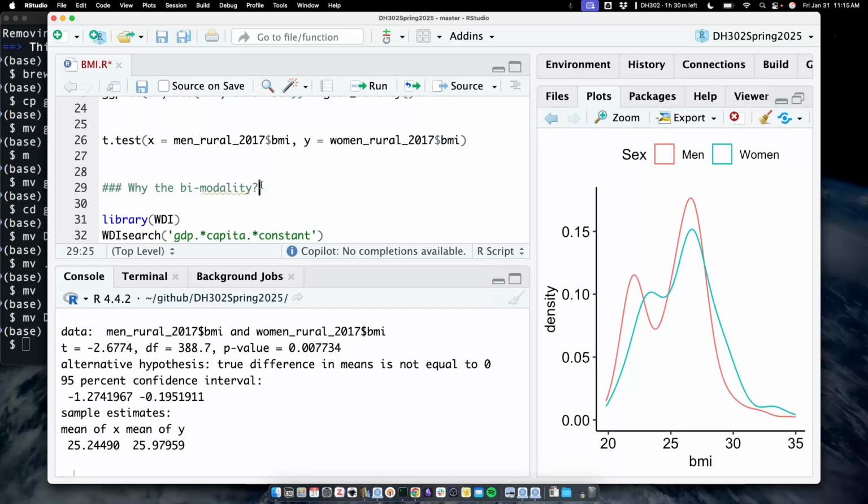It's not a necessity that they be normal, but if they are, the properties are nicer and the assumption can directly hold. If they're not normal, it gets slightly technical, but you lose power. So even if there is a difference, you won't be able to detect it if they fail the normality test. Is that fair? Okay.